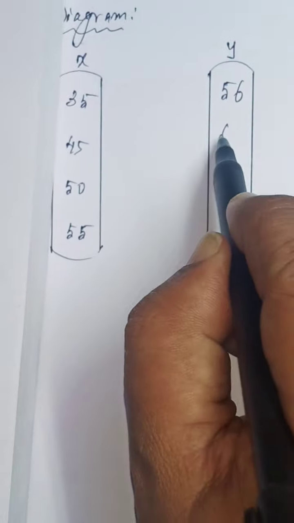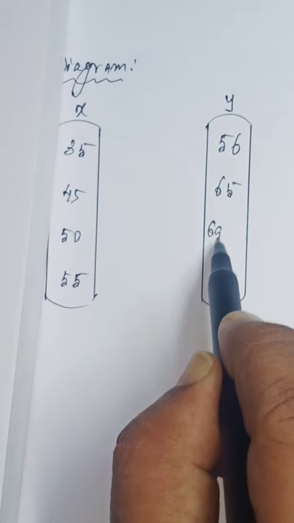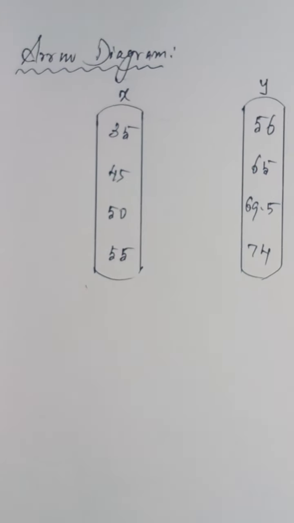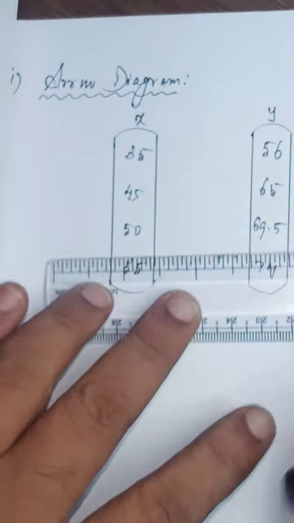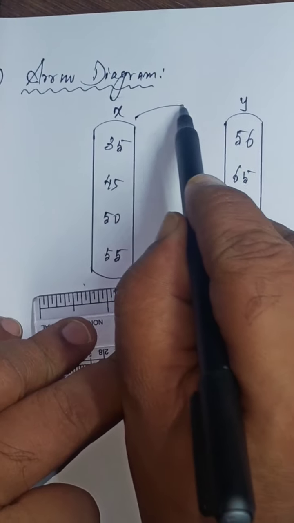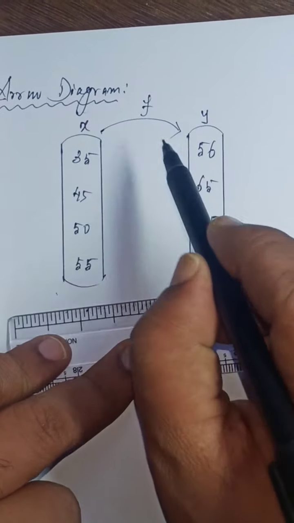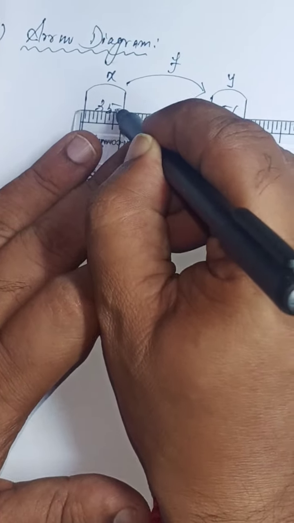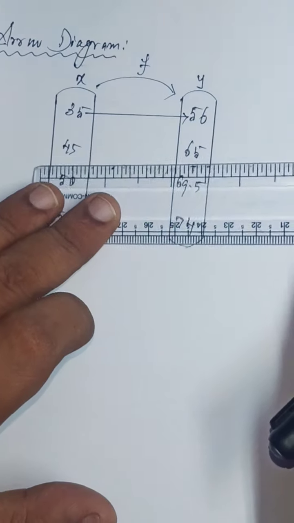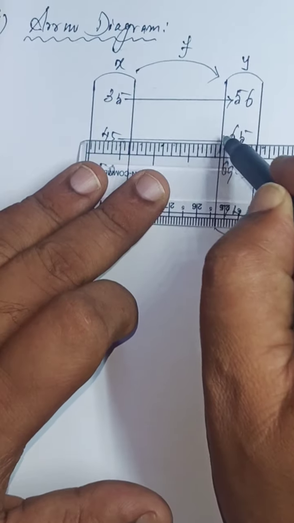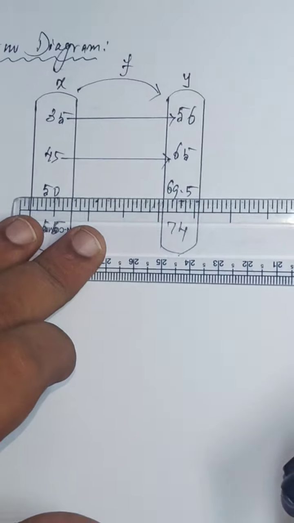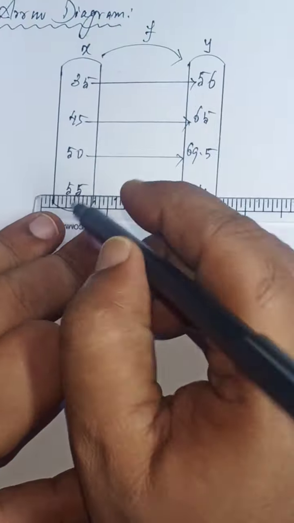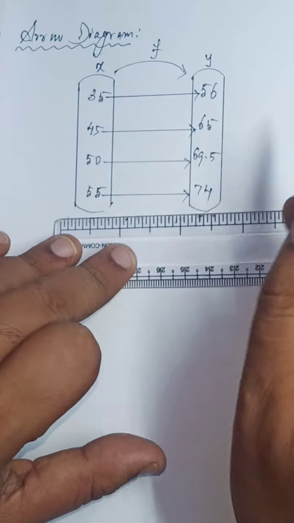So I'll let it be f. Function f from x to y means 35 is related with 56, 45 is related with 65, 50 is related with 69.5, 55 is related with 74.